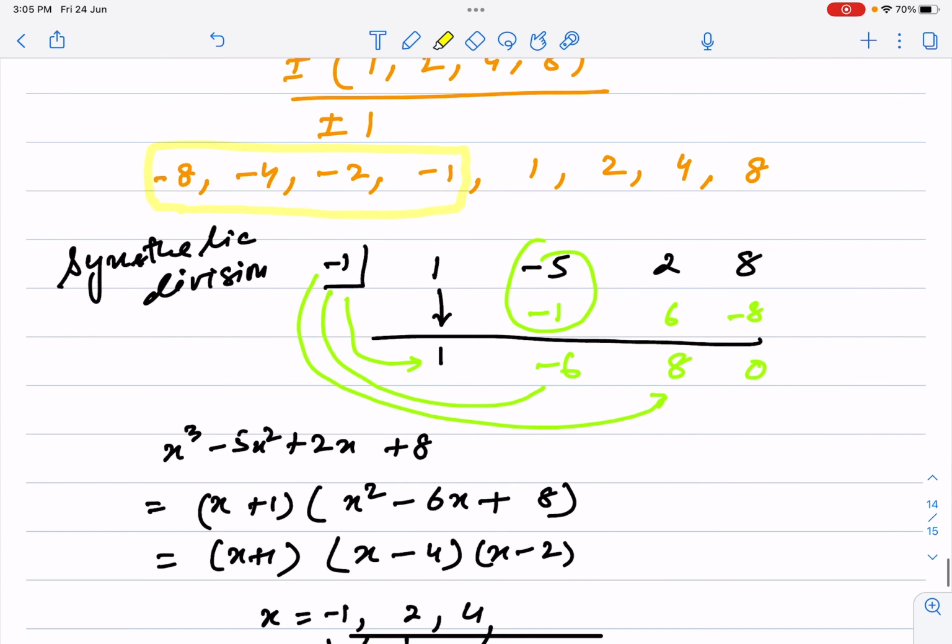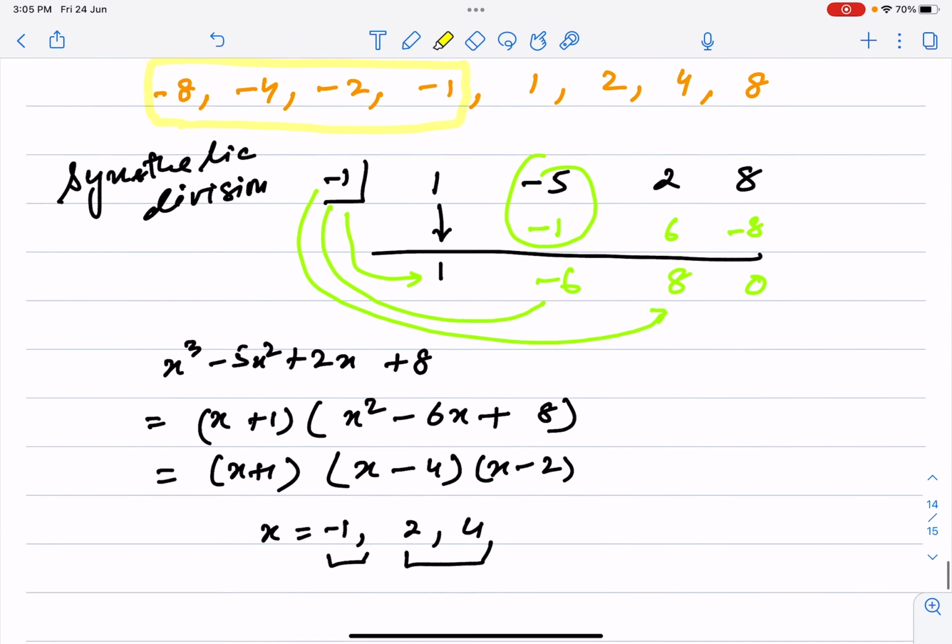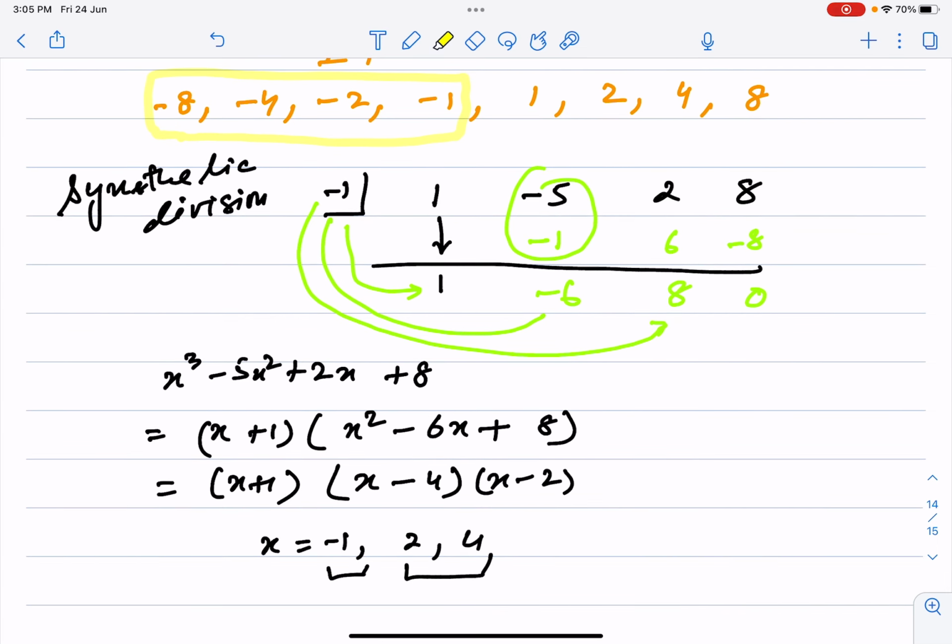So by using Descartes' rule, we came to know that there will be two positive roots, and by using the rational theorem, we found out those two positive roots and one negative root. Now, obviously, we have to draw the graph. So, synthetic division we have used, rational zero theorem also we have used. Now, we will be drawing the graph.